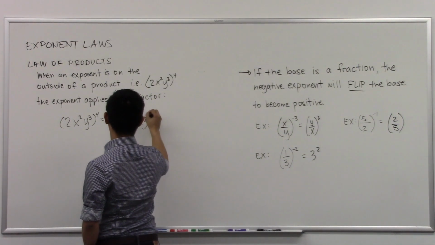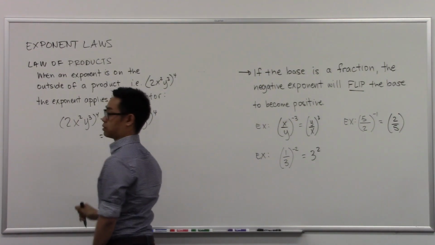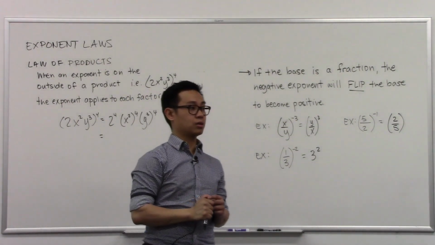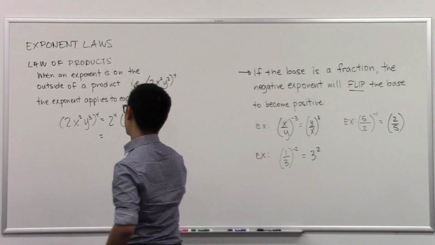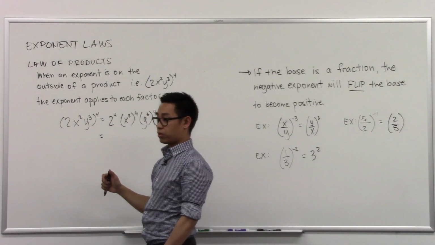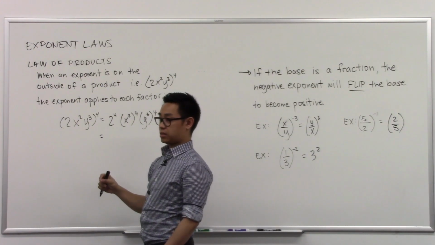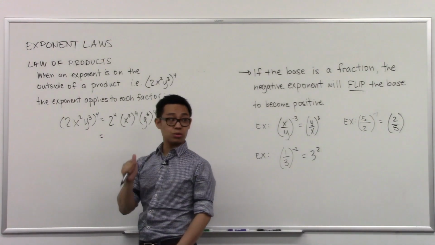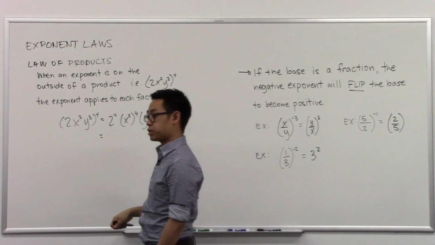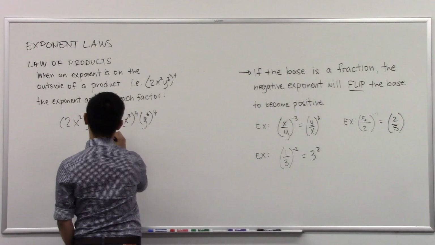And it applies to the y cubed. The most popular mistake that's made here is thinking that 2 to the 4 is 8. It is not. 2 to the 4 means 2 times 2 times 2 times 2, or you type it into your calculator, and you get 16.